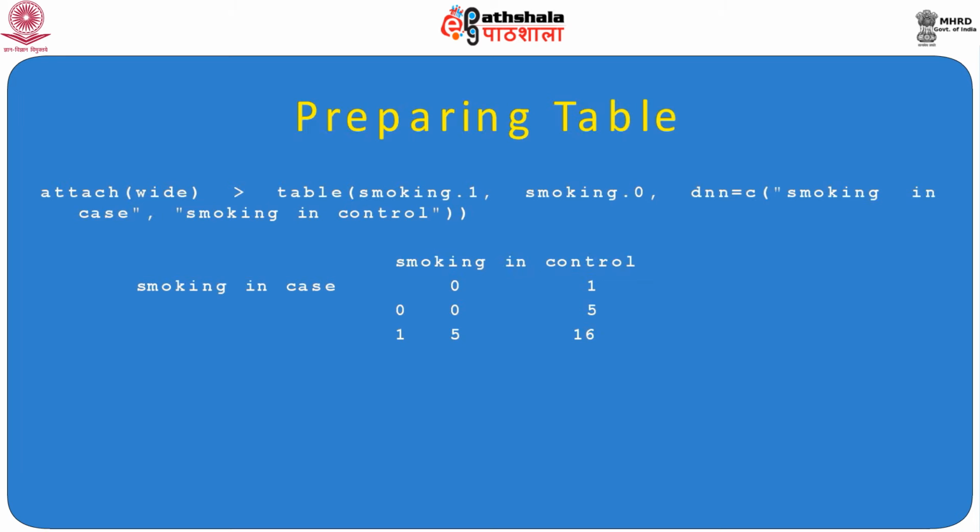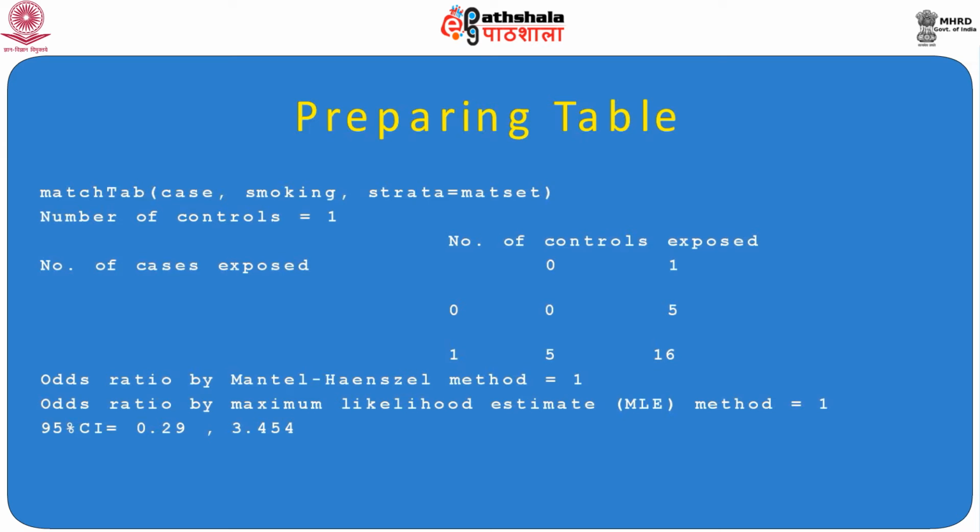Now we can see smoking in control, those having 0, that is no, and those having 1, that is yes, is obtained as a 2 by 2 table, that is 0, 5, 5 and 16. So if you form it as ABCD, as we have seen in the earlier module, to compute the odds ratio, then A is 0, B is 5, C is 5 and D is 16. From this table we will go further for analysis with the odds ratio, and we will make the interpretations.